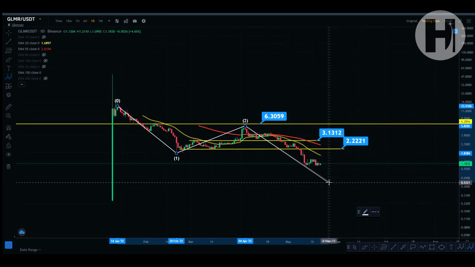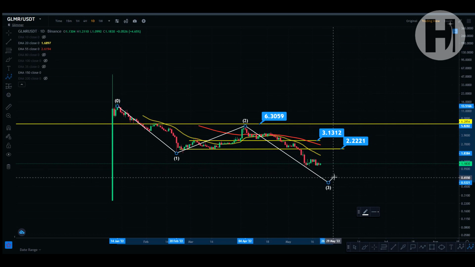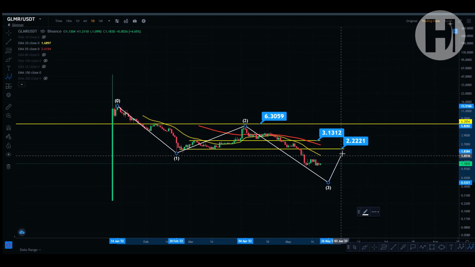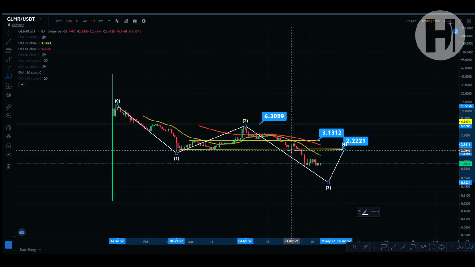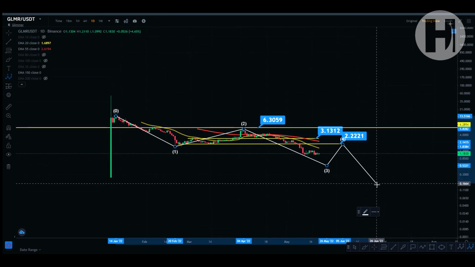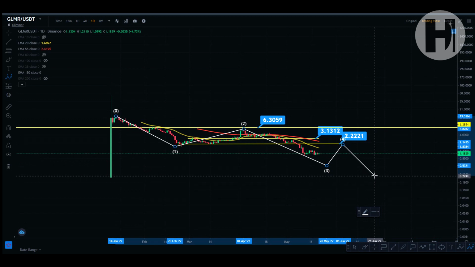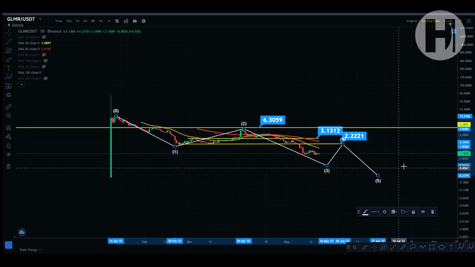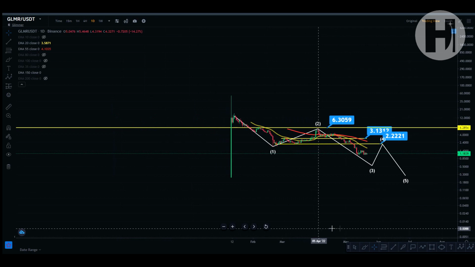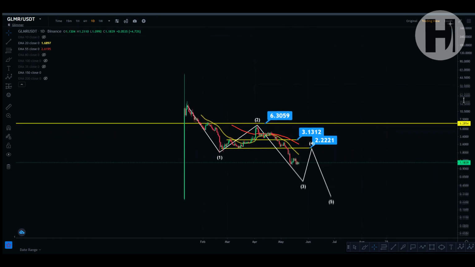So potentially that's where we could see a move all the way down to 53 cents, where our 1.618 is. Then you can potentially see a little relief rally with wave 4, back testing this yellow resistance trend line. Okay, and then we have another leg down, potentially taking us all the way down to the second fib level here. That is something that I'm looking at.